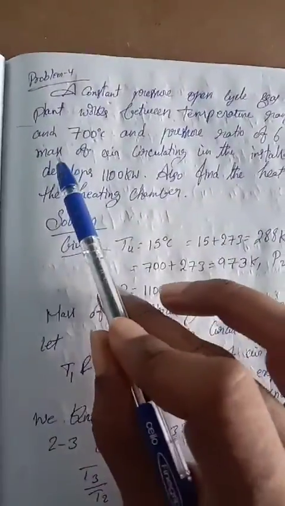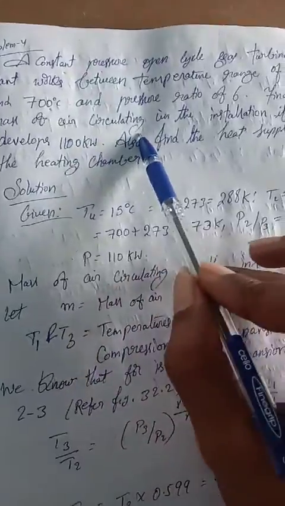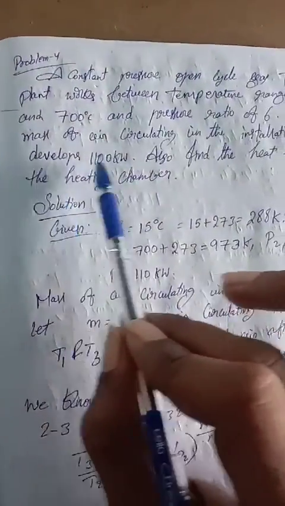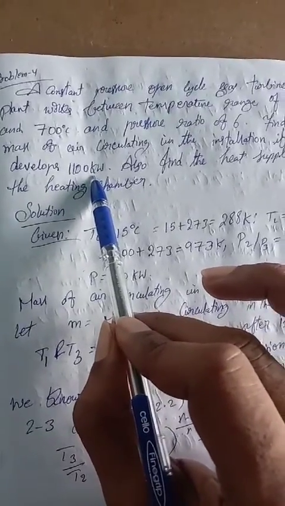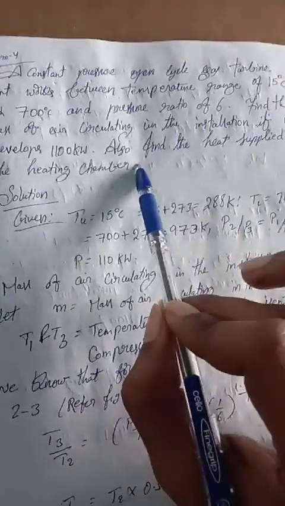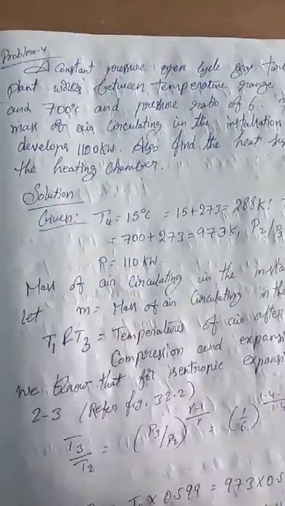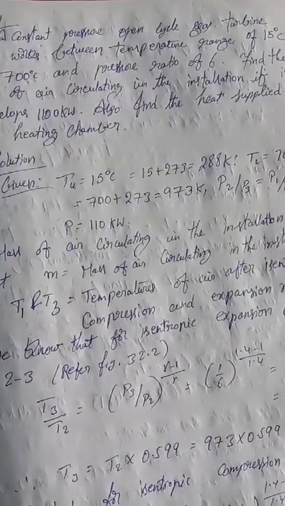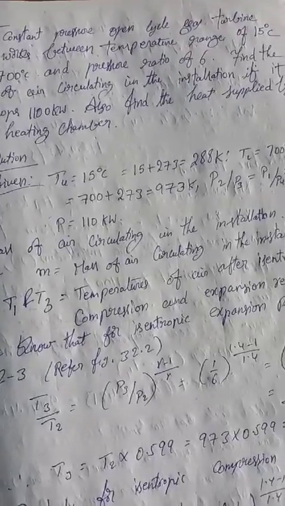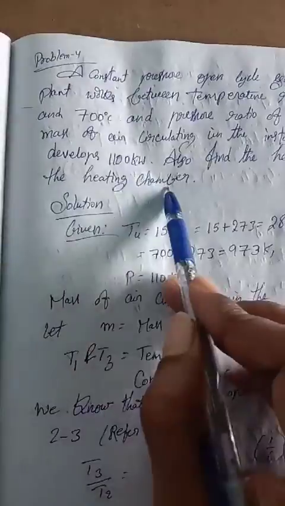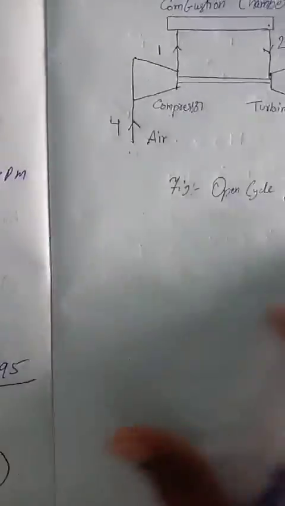Find the mass of air circulating in the installation if it develops 1000 kilowatt. Also find the heat supplied by the heating chamber. Now we are going to see the solution.